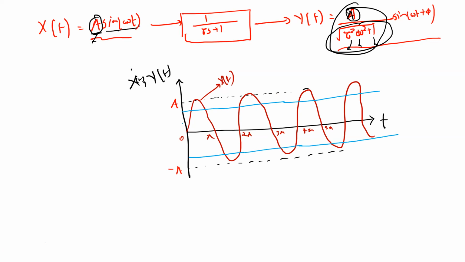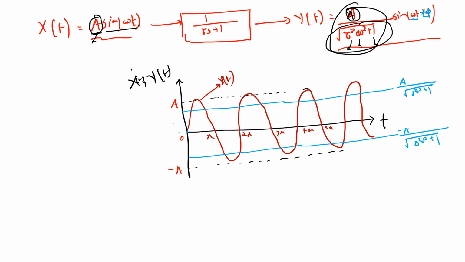The blue one is your output. This value is A upon root over (tau square omega square plus 1), and this value is minus A upon root over (tau square omega square plus 1). Now the sinusoidal value is sine(omega t plus phi). If phi is 0, then it is sine omega t. But if phi is negative, then this will not start from here.